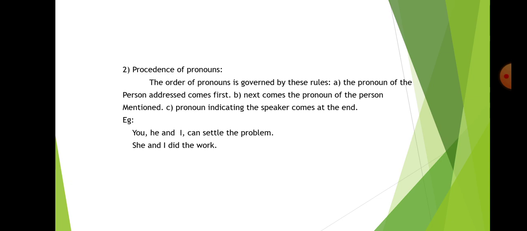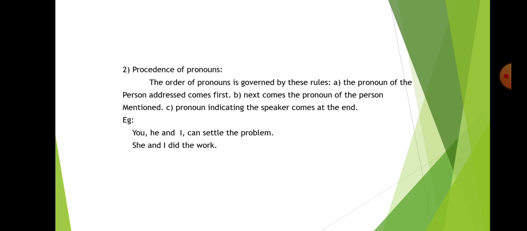Next, precedence of pronouns. The order of pronouns is governed by these rules. Rule number 1, the pronoun of the person addressed comes first. Second rule, next comes the pronoun of the person mentioned.